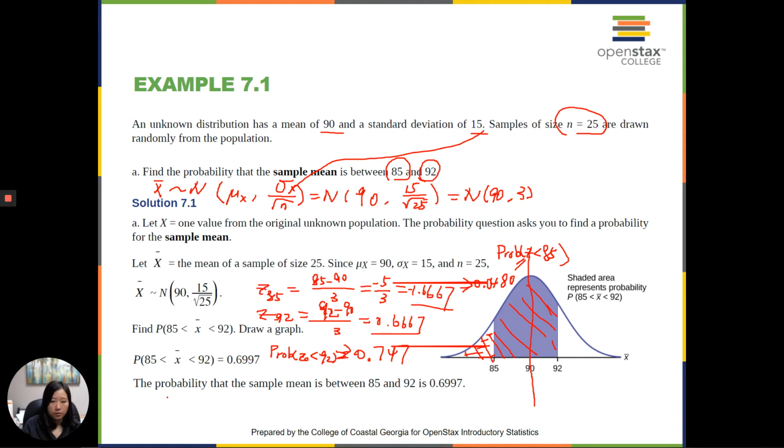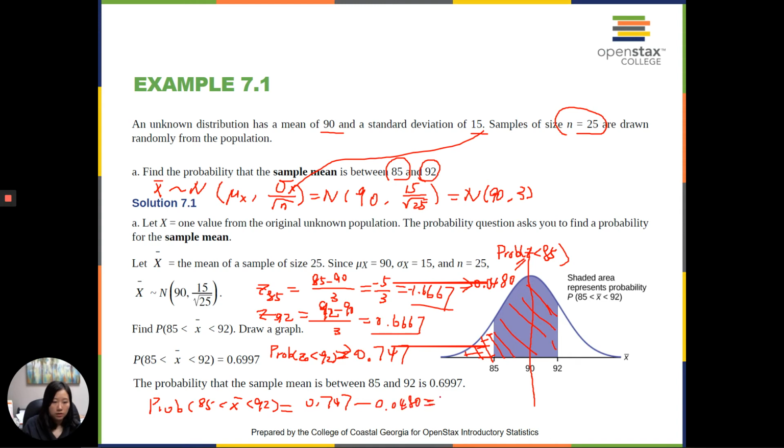So then the probability of the mean between these two numbers, 85 and 92, is equal to 0.747 minus 0.048.